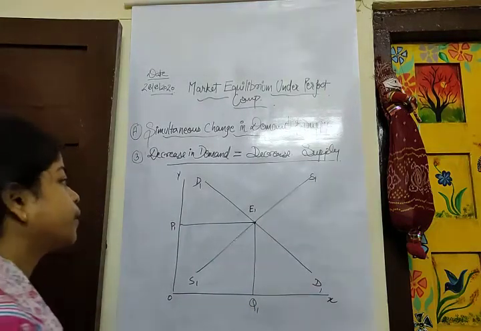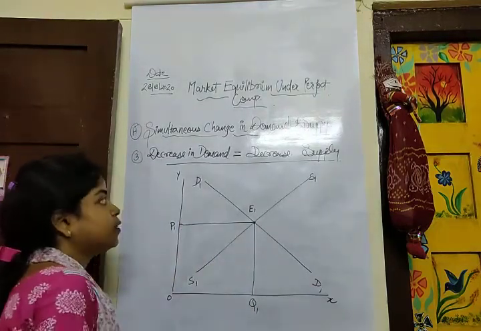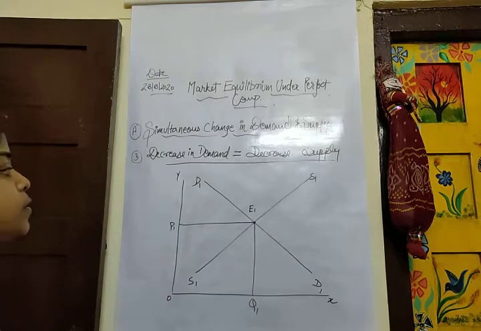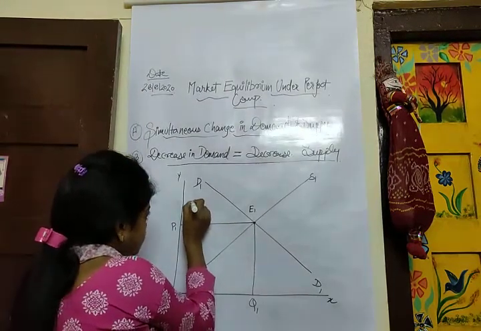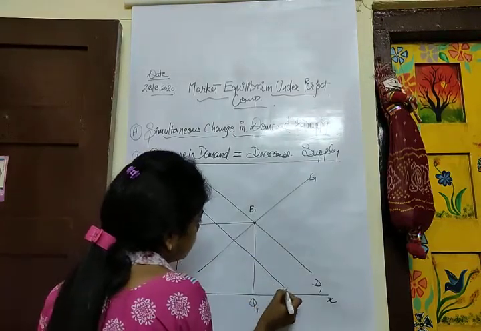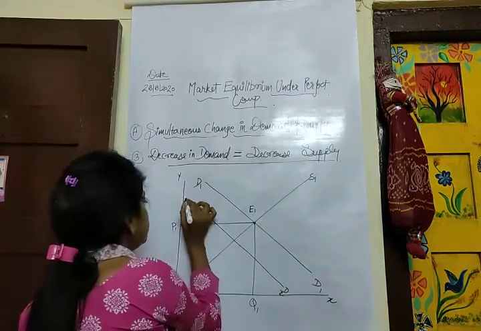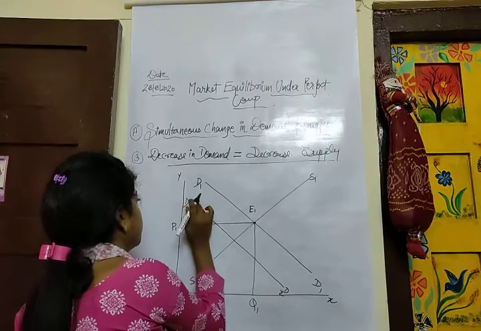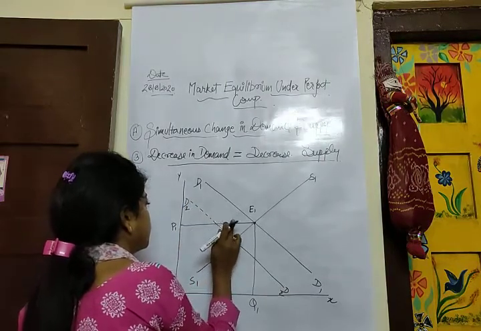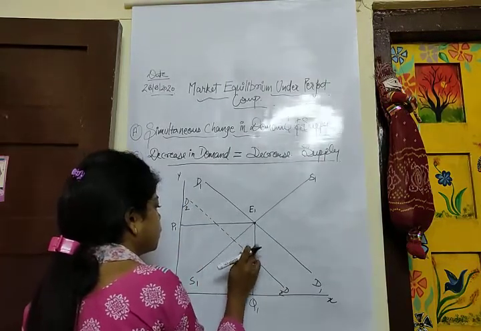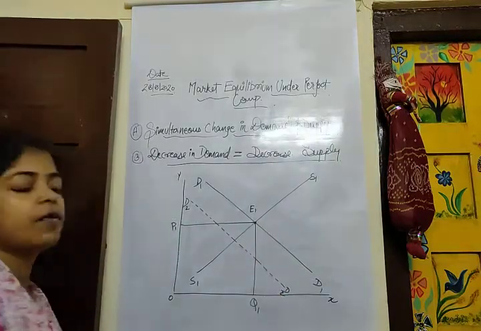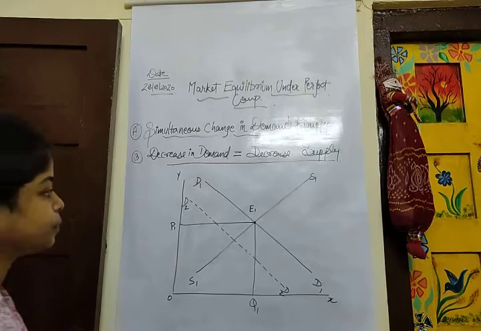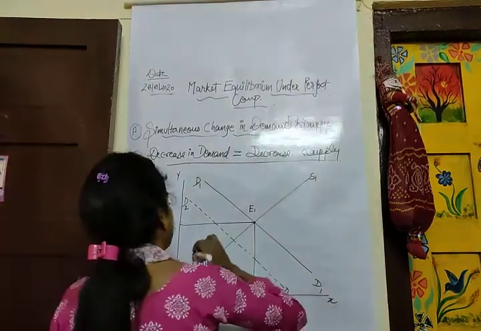Right? Again, decrease in demand. When the demand decreases, the curve goes downward. It's like that. It's D2, in dotted form. And decrease in supply: when the supply decreases, the curve goes upward.